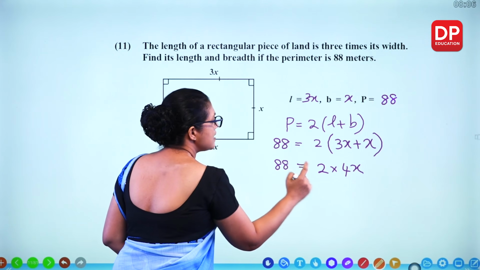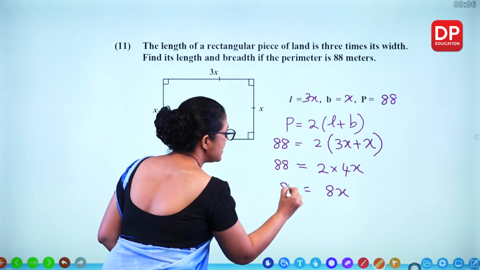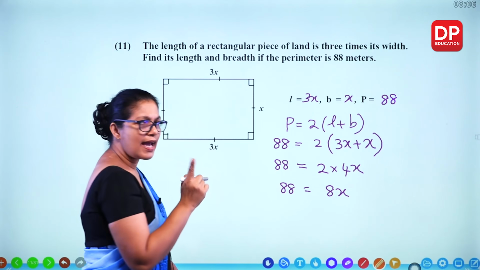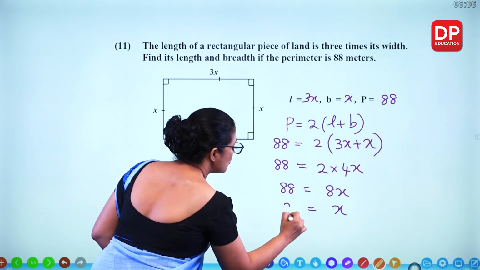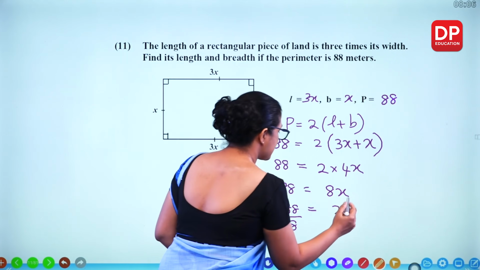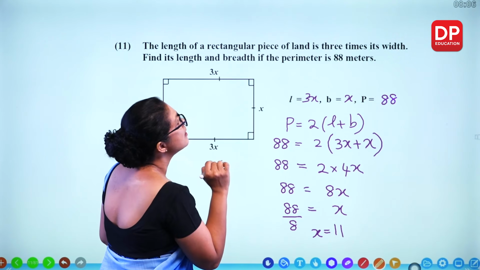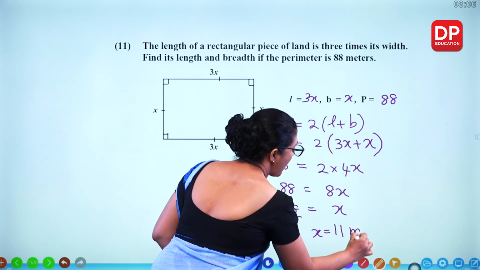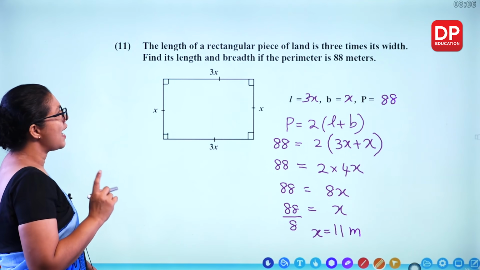4x times 2 is 8x, which equals 88. How can we find x? You divide by 8. So x is equal to 88 divided by 8. That's 11 meters. So x is 11 meters. You are asked to find its length and breadth.